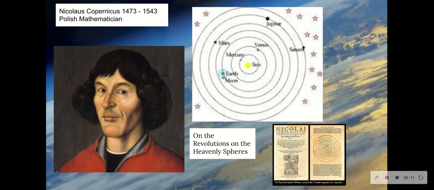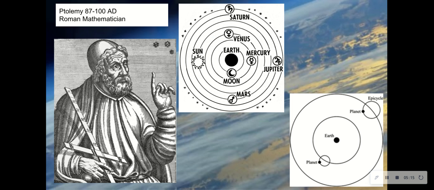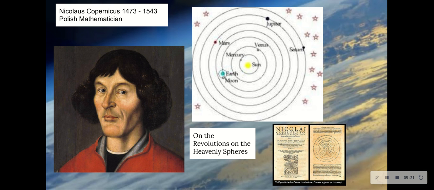He came up with a theory called the Heliocentric Theory. So you have the Geocentric Theory, which means the Earth is the center of the universe. And we have the Heliocentric Theory, which means the sun is the center of the universe, and all the other planets revolve around the sun. Like we have Saturn, Jupiter, Venus, Mercury, Mars, Earth, and the moon.